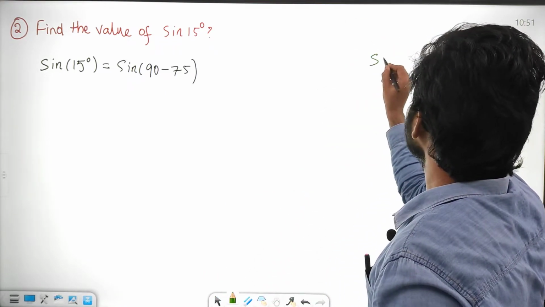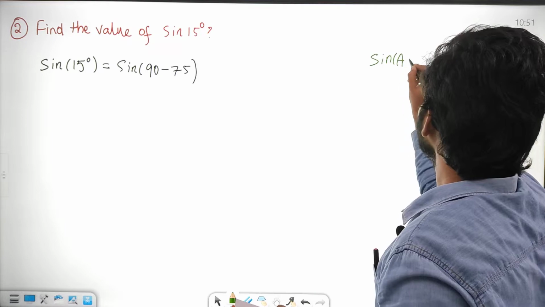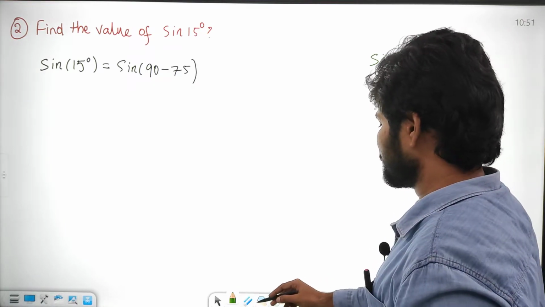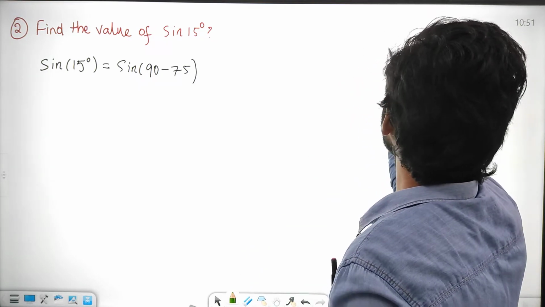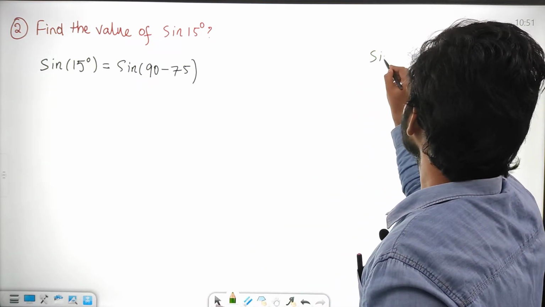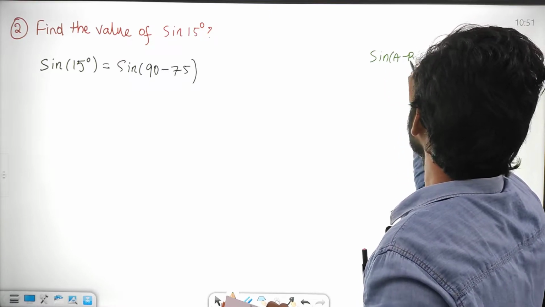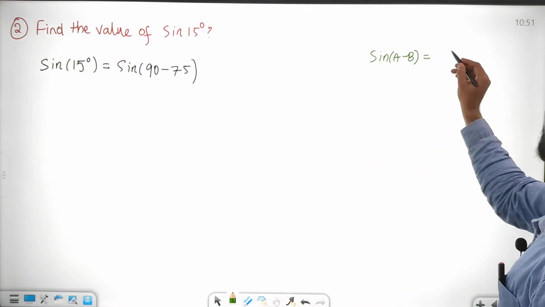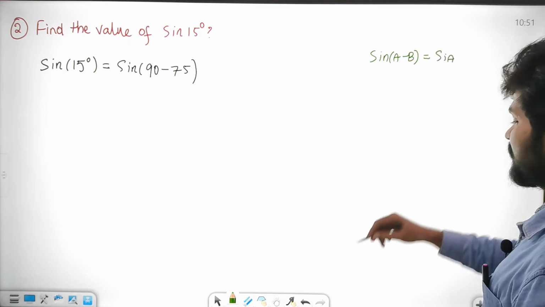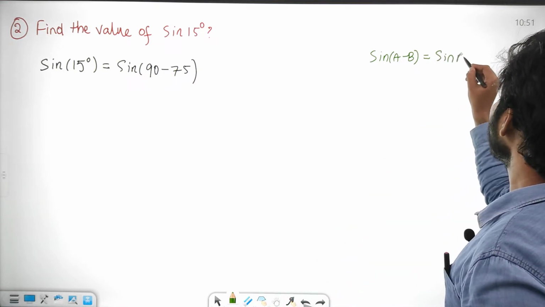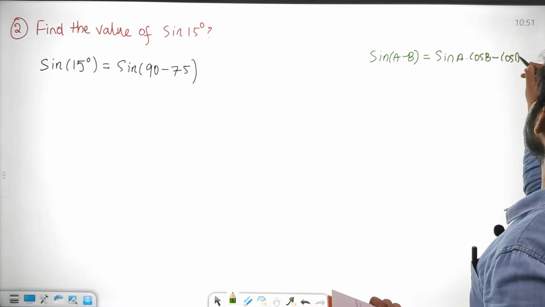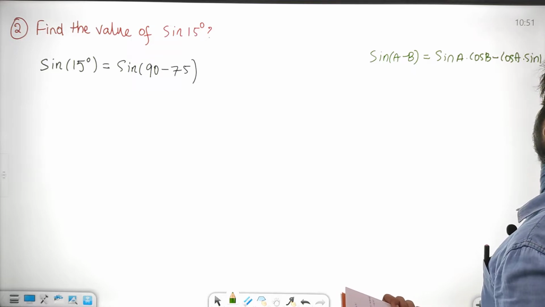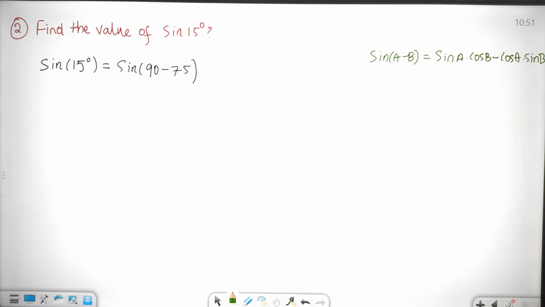What is that formula? Sin A minus B. I am writing here sin A minus B. What is sin A minus B? Sin A cos B minus cos A sin B. This is the formula.